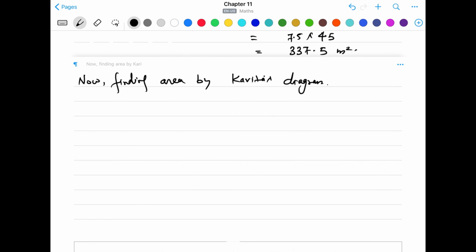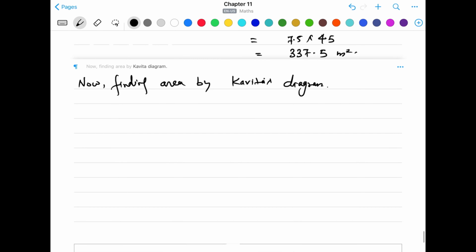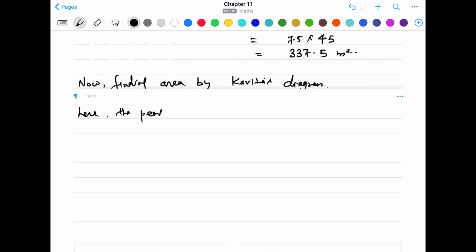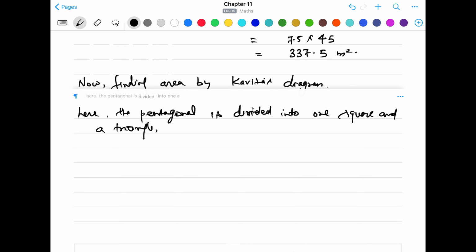That is, here the pentagonal is divided into one square and a triangle.